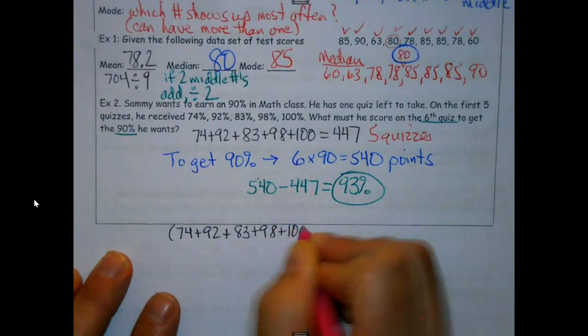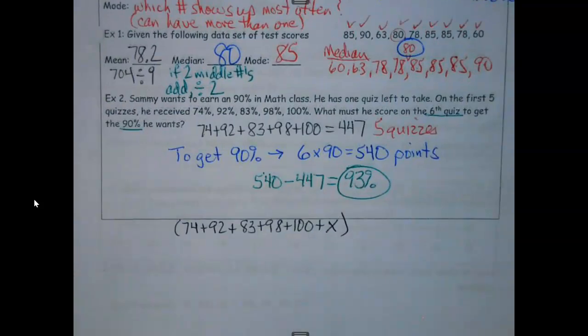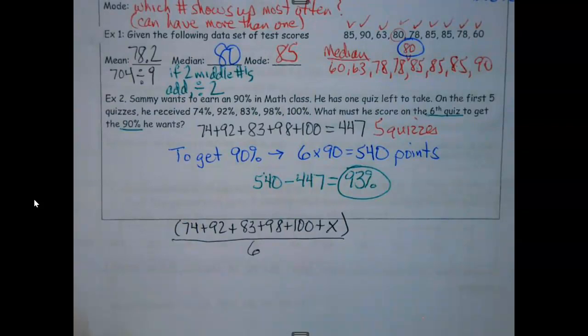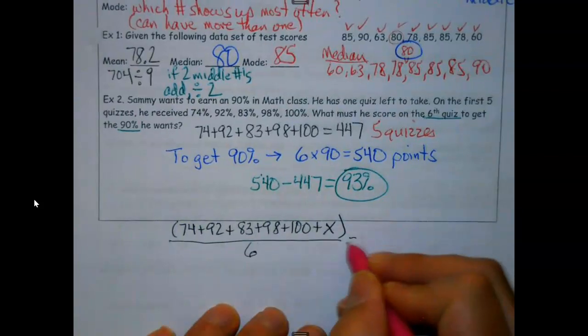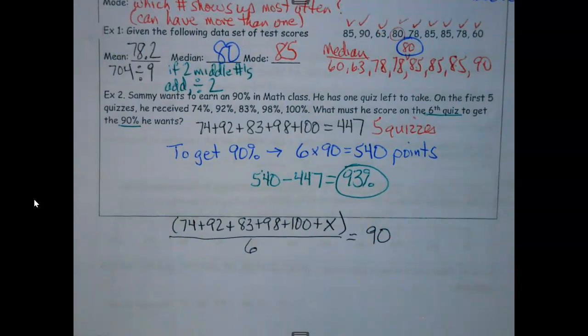Okay, what I would say is, hey, there's a mystery grade involved here. I don't know what the mystery grade on quiz number 6 is yet. So I'm going to do X. And then if I divide that by 6, because you mentioned the word mean, which isn't a bad idea here, the average, he wants to average 90.